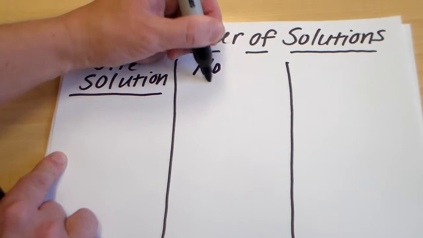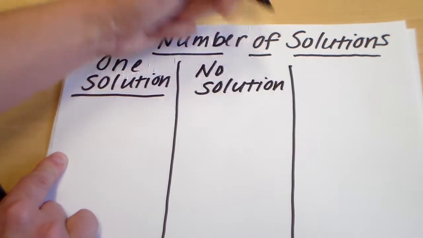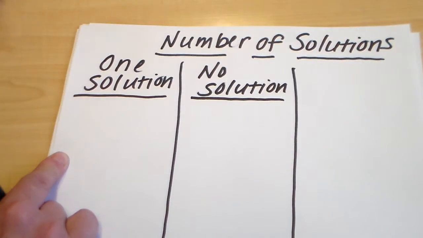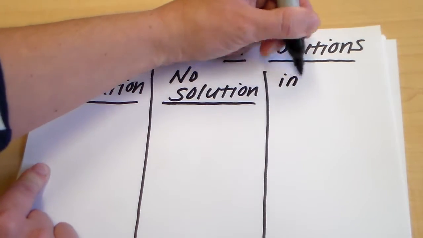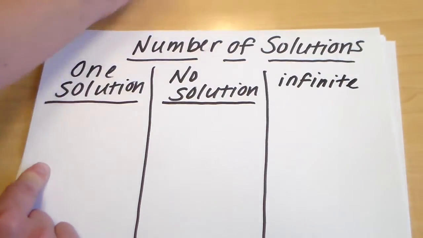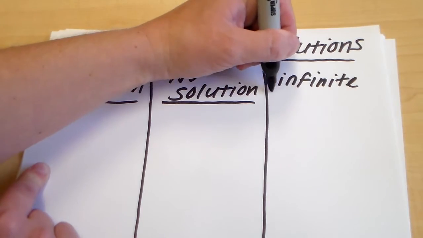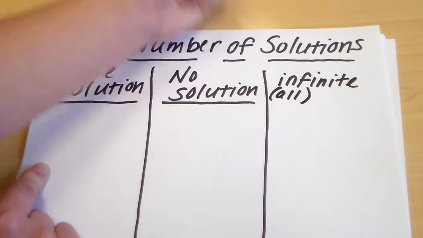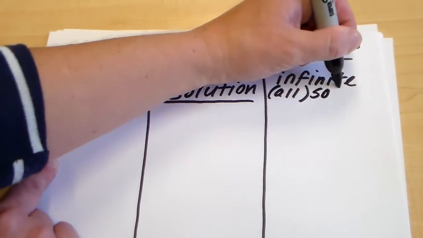So that means there's no answer for x that works. And then lastly, when we have infinite solutions. And the key word there is infinite or infinity. So infinite, another way we label that, if it's infinity, it's everything that we can imagine, so all solutions.